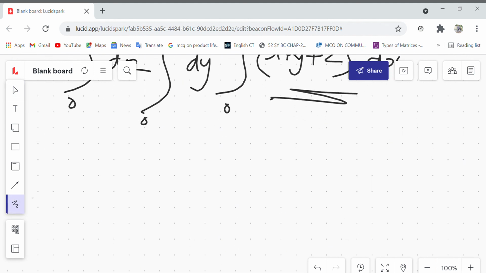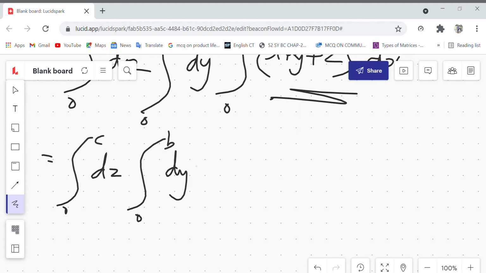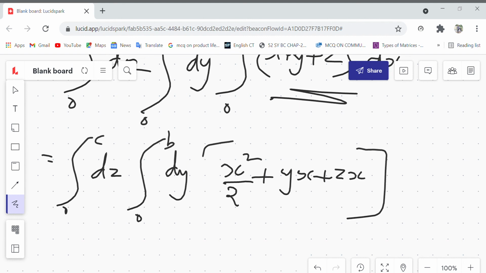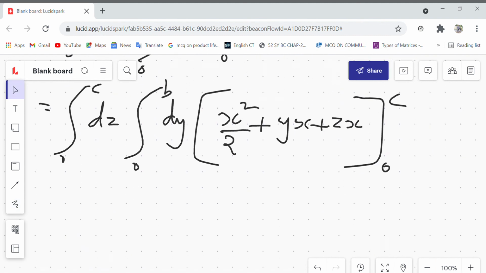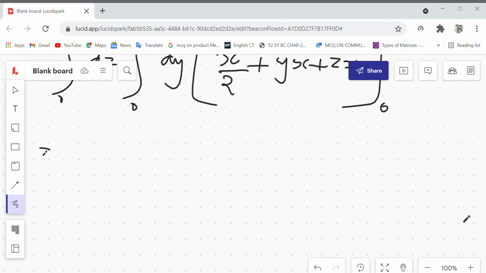So basically it is 0 to c dz, 0 to b dy, then x square by 2 plus yx plus zx, evaluated from 0 to c.